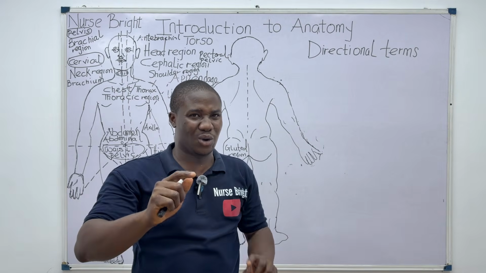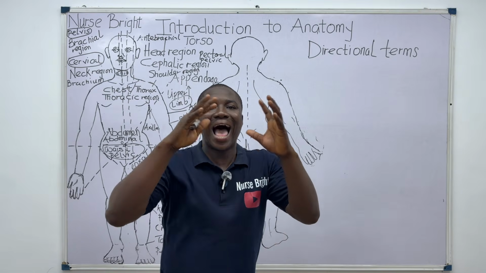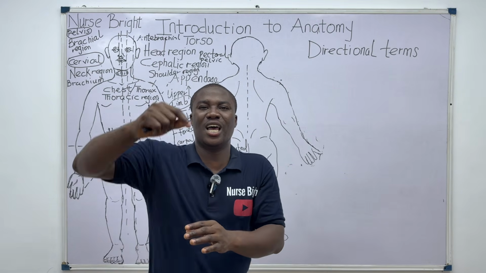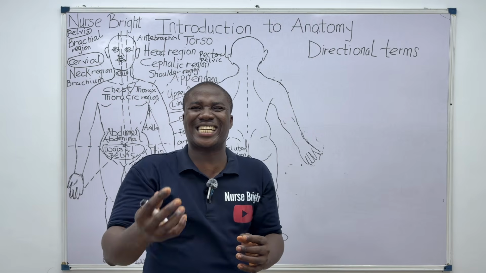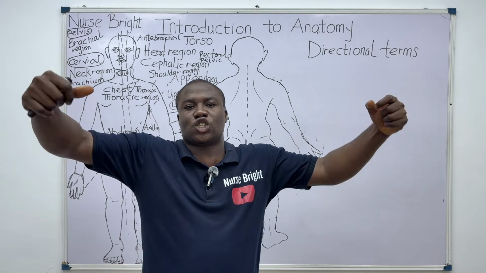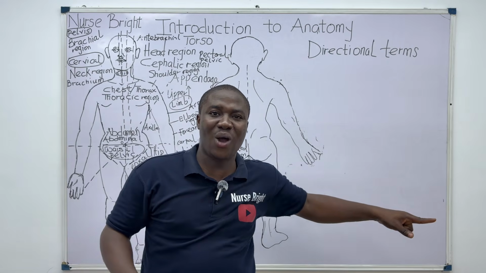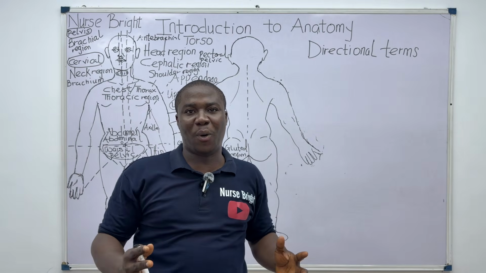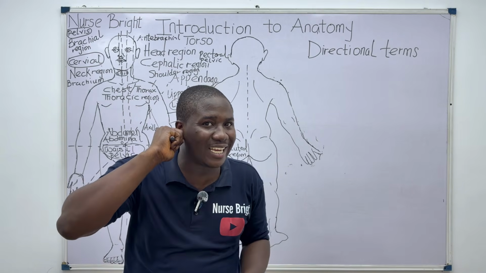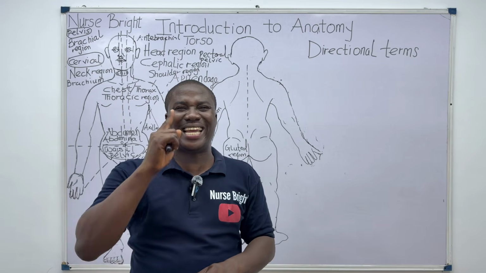Pay attention. Directional terms are standard anatomical terms used to describe the position of a particular structure in the body in relation to another structure in the body of that individual. This is what we call directional terms in anatomy.